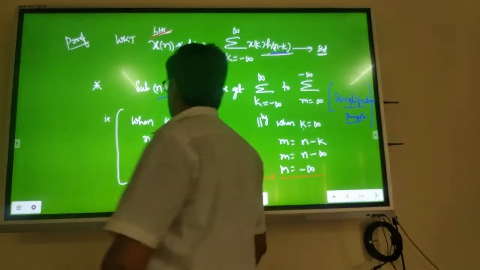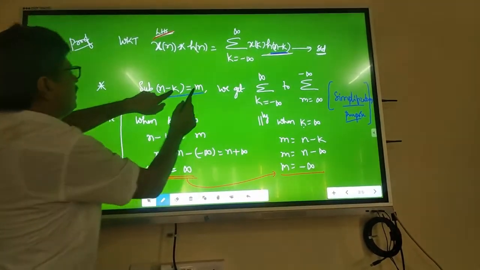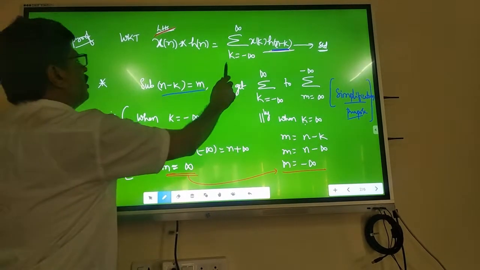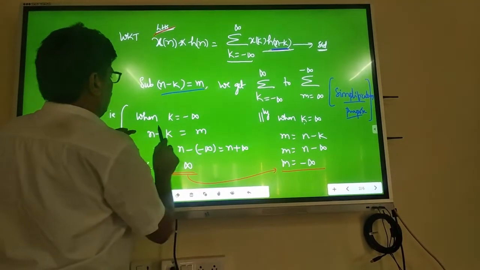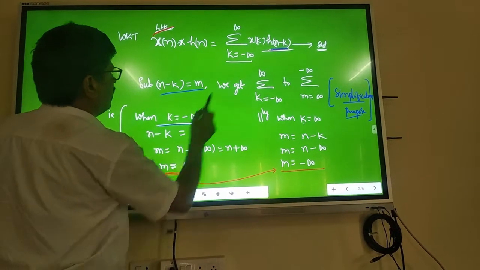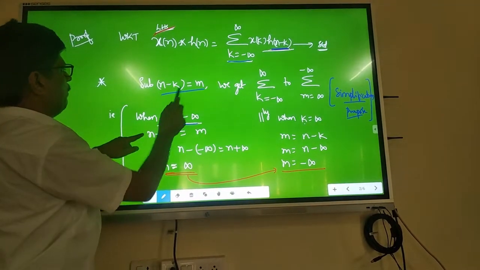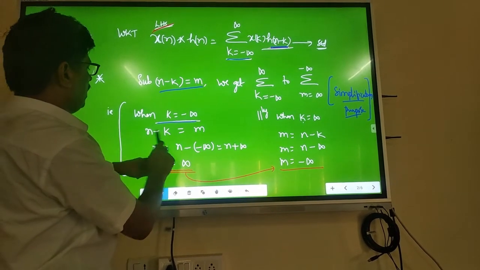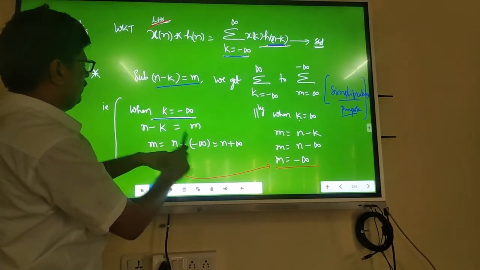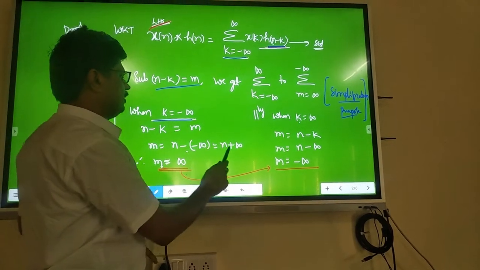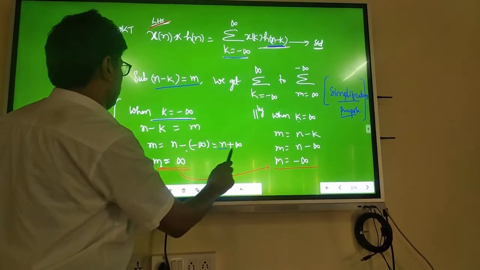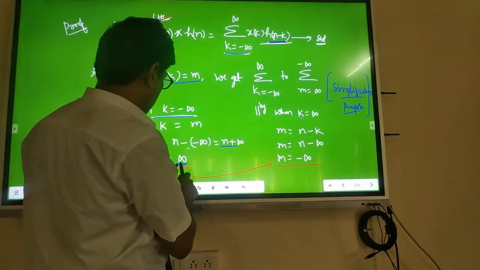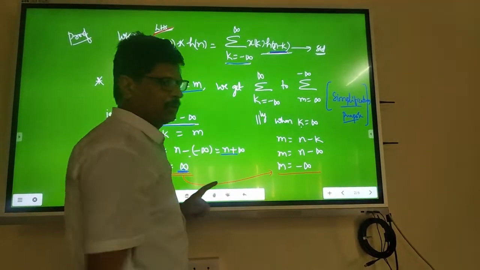Now, when k is equal to minus infinity, m is equal to n minus k, and k is minus of minus infinity, which is plus infinity. Therefore m is plus infinity. That is the new limit.